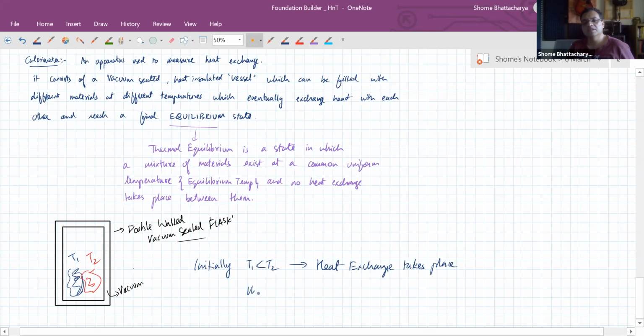Okay, the material at higher temperature T2 supplies heat to the material at lower temperature T1, which absorbs this heat.